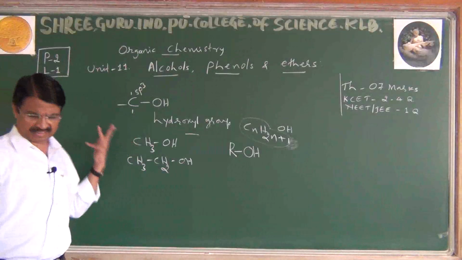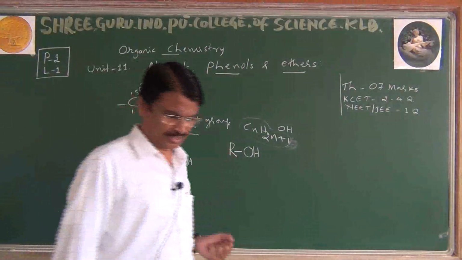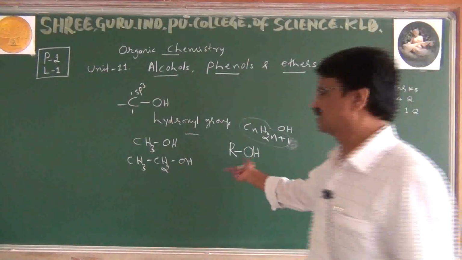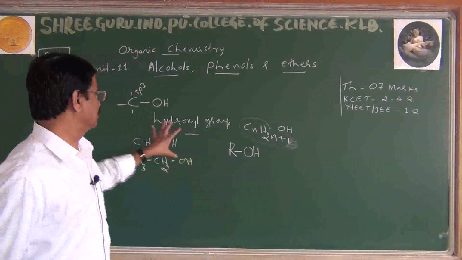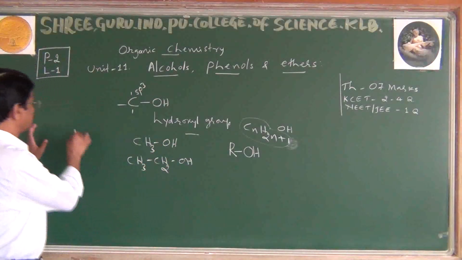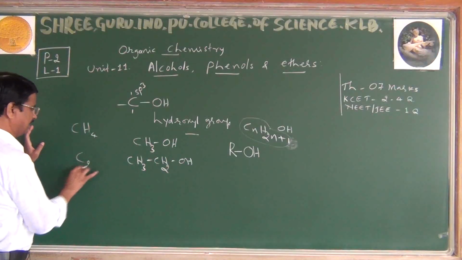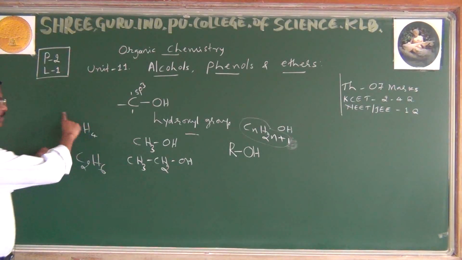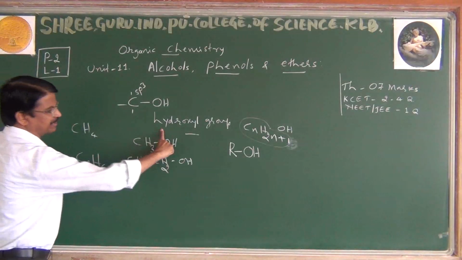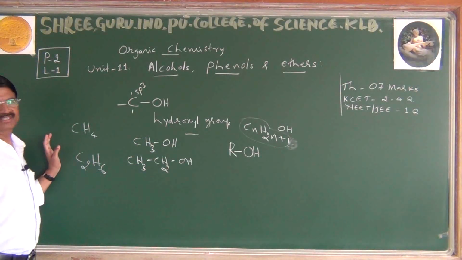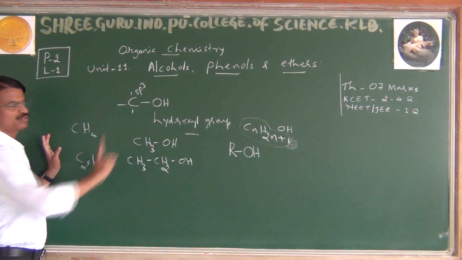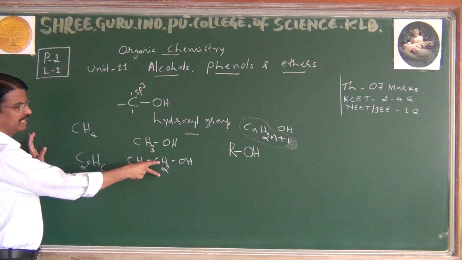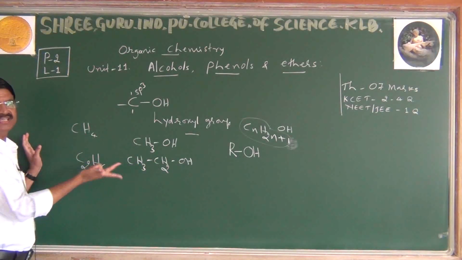Like this, we can state many applications of alcohols: methyl alcohol, ethyl alcohol, glycerol, benzyl alcohol. Many alcohols are there, but they contain the hydroxyl group. If you consider methane and ethane, the properties of methane and methyl alcohol are completely different. The difference is only one H in place of OH, but the properties are different. Methyl alcohol is a liquid, ethyl alcohol is a liquid, but methane and ethane are gases.